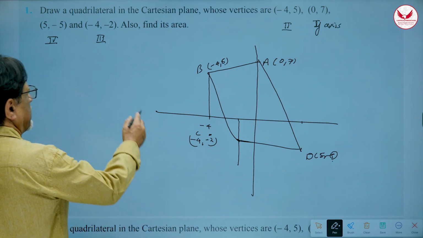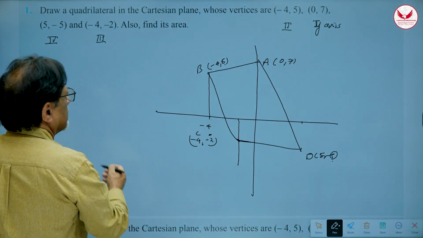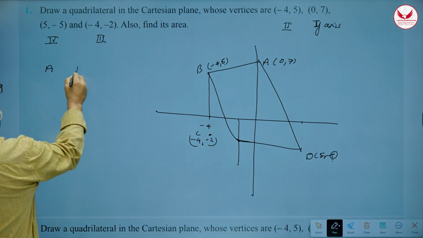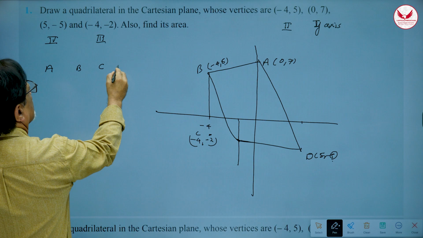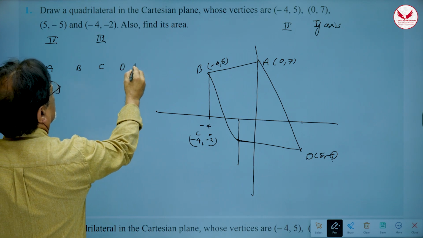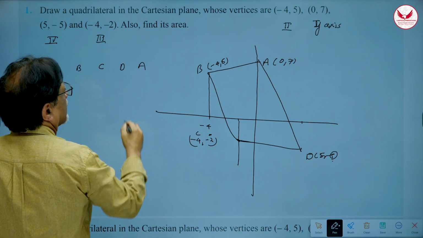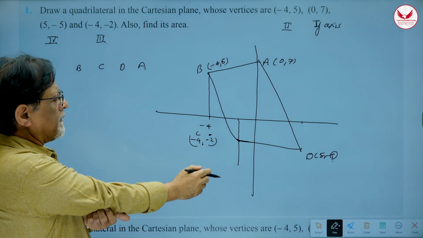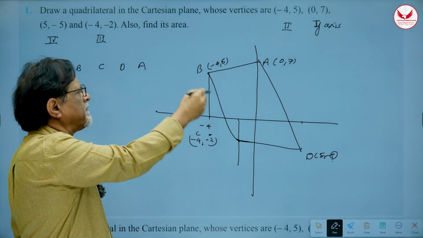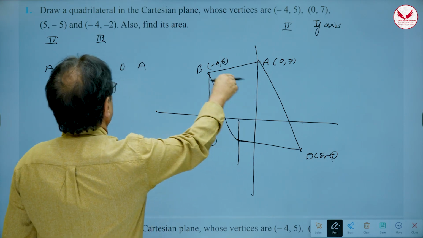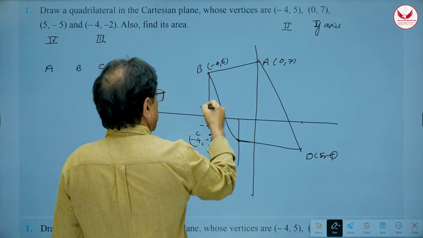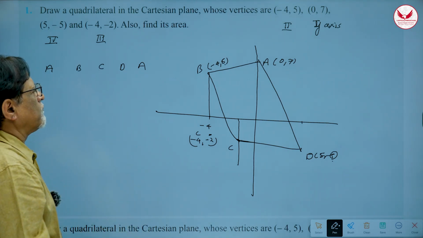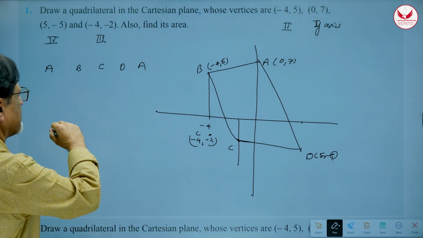While finding the area, there is a very simple method. First of all, you write A, then B, then C, then D, and then again A. Remember, while writing them, you have to follow a particular order. There are two kinds of orders, clockwise and anti-clockwise. I have been following anti-clockwise: A, B, C, and D.